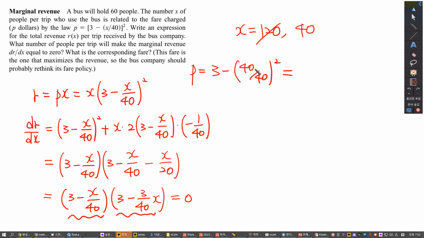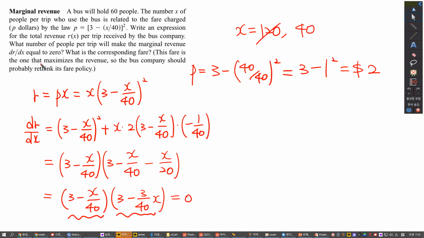Because 40 over 40 is 1. So what's the fare when x is 40? So the fare is $2. Am I right? Yep. So the corresponding fare is $2 when 40 people are on the bus.